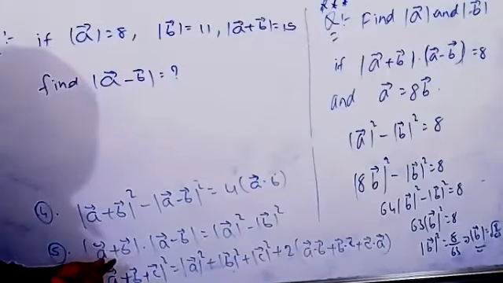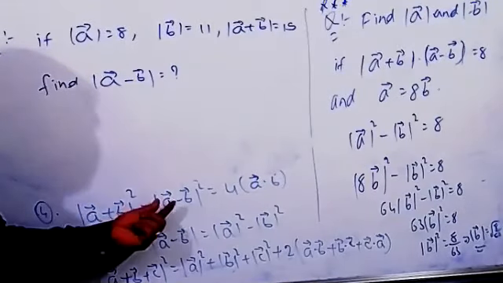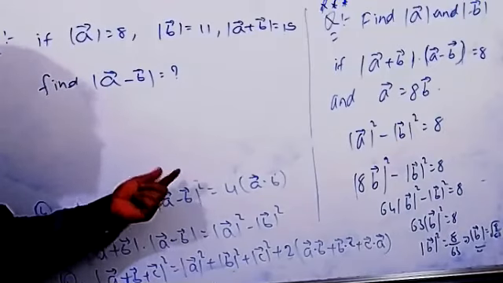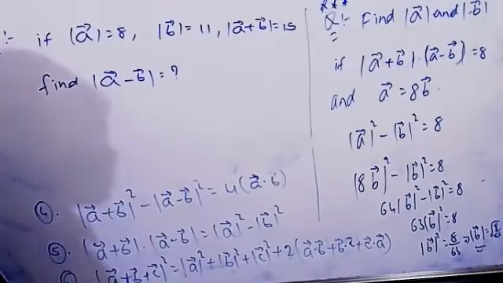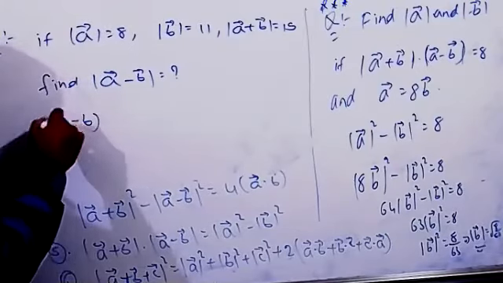We know the formula: A minus B whole square equals A square plus B square minus 2 A dot B. Generally, these are normal algebra formulas.